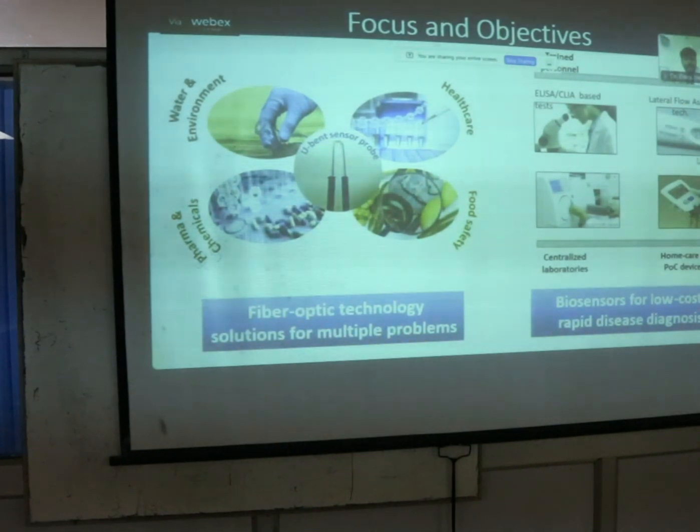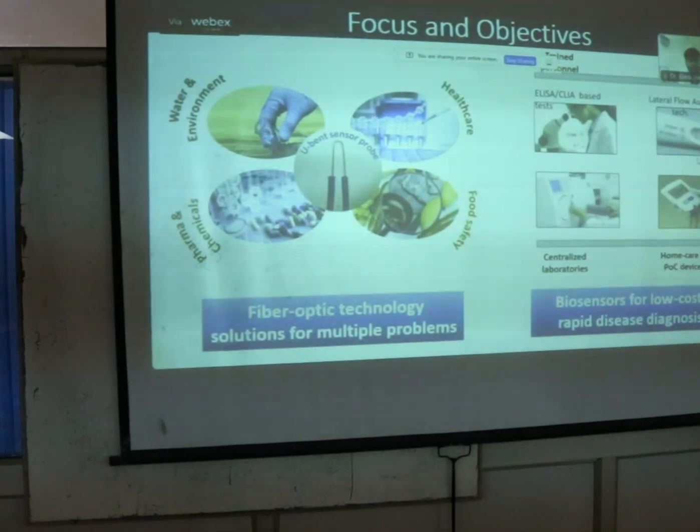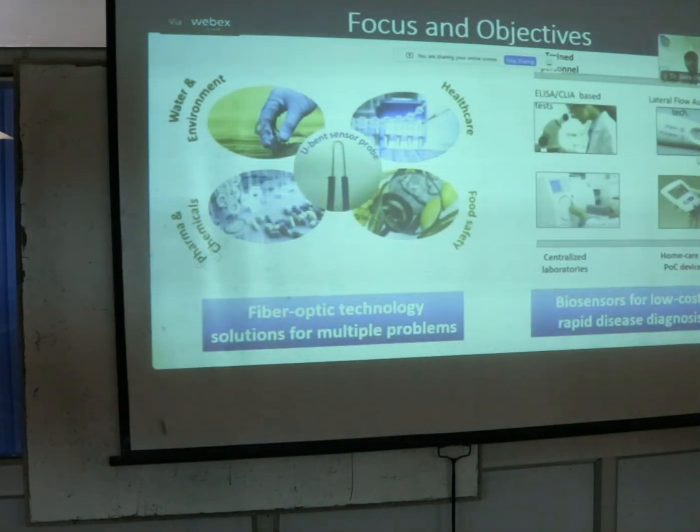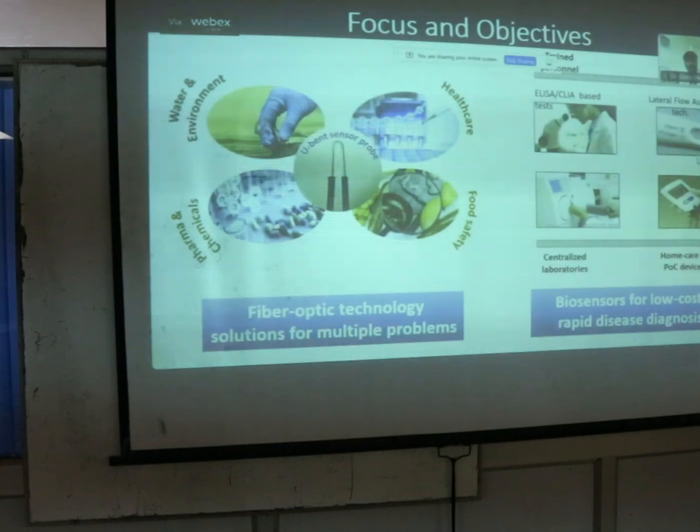This product is a fiber optic technology solution used in multiple applications. If you were to do anomaly detection in various fields, such as water, environment, health, food safety or chemicals, there are certain tests to do, and most often they are set up in very big laboratories with sophisticated, very expensive instruments.